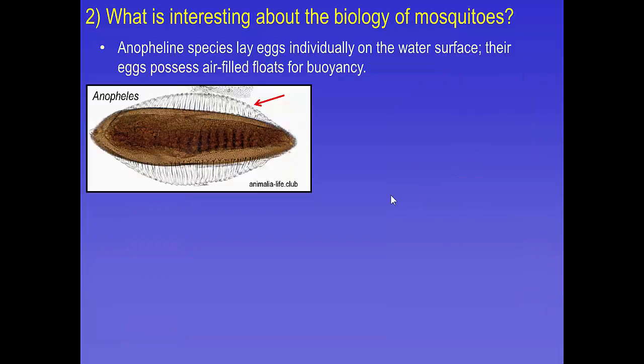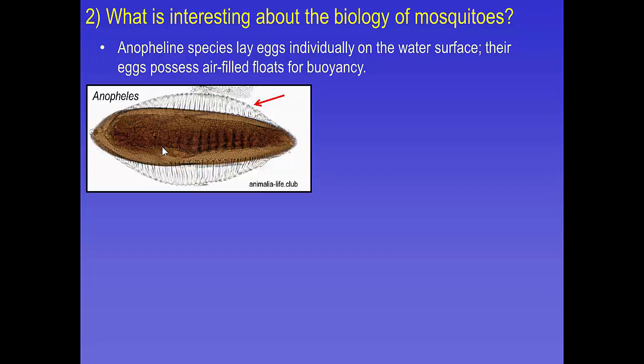The eggs of mosquitoes can vary in anatomy depending on the species, and they often have unique adaptations. For example, the eggs of Anopheline species, one of which you see pictured here, are often laid individually by mosquitoes and possess air-filled floats that keep them at the surface of the water column.